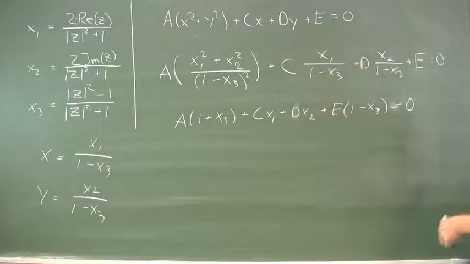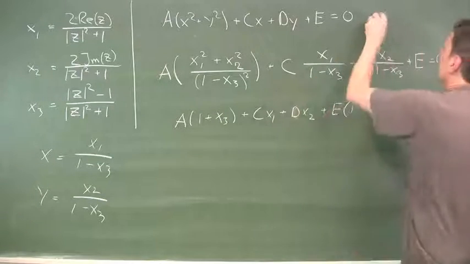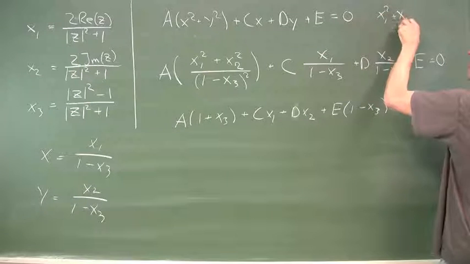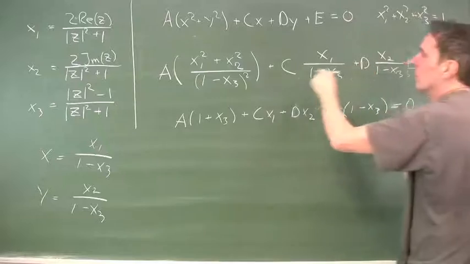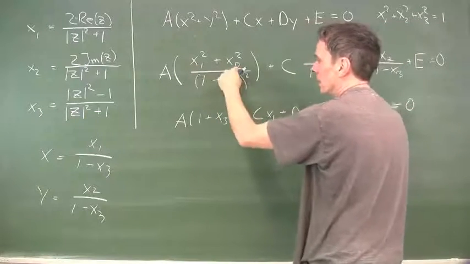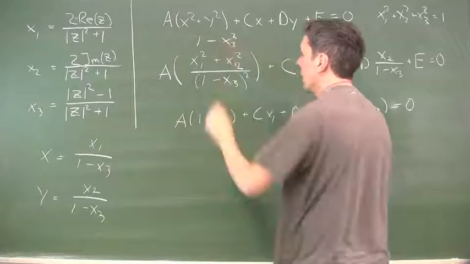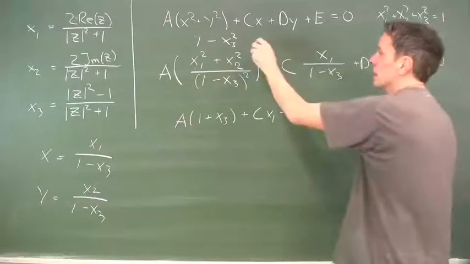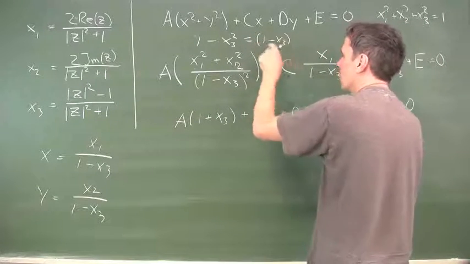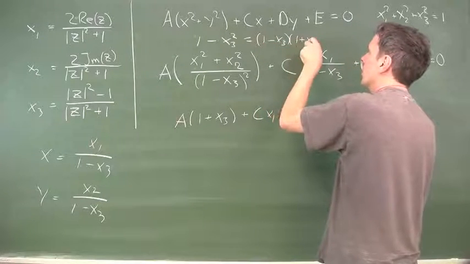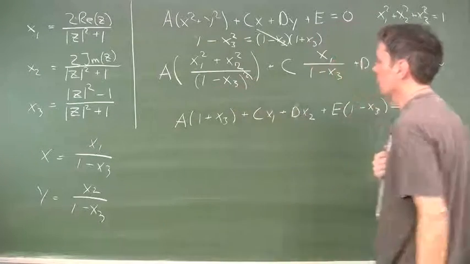And then we note that on the sphere, of course, x1 squared plus x2 squared plus x3 squared is equal to 1. So x1 squared plus x2 squared can be written as 1 minus x3 squared. And this can be factored according to the conjugate law as 1 minus x3 times 1 plus x3. And then this factor will cancel out one of these factors down here.